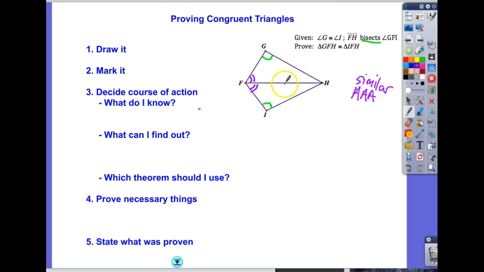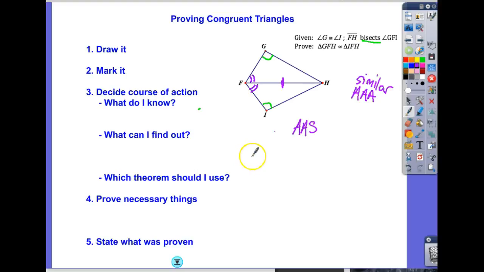Well, I know this is congruent to itself. Of course, it is itself. So I can say, well, which theorem should I use? I've got an angle and a side. So angle, angle, side theorem would be good, right? Perfect. So let's prove the necessary things.